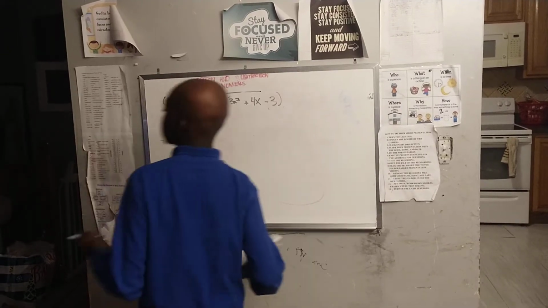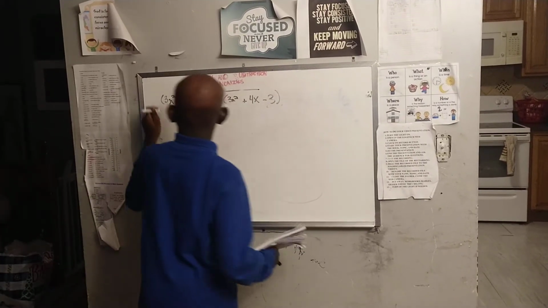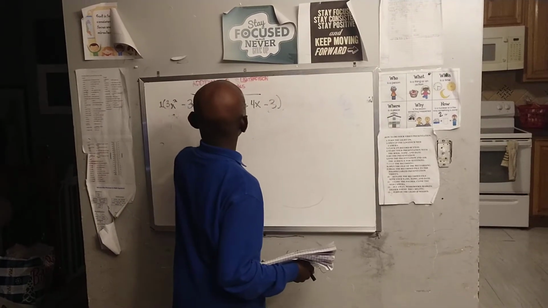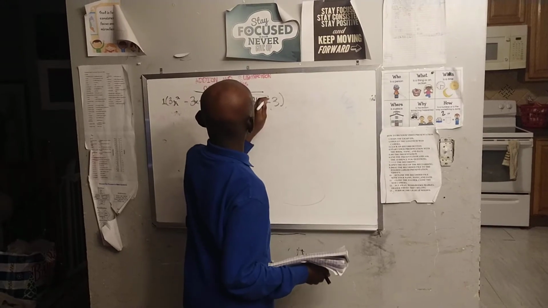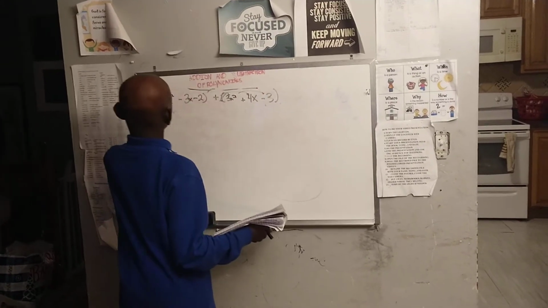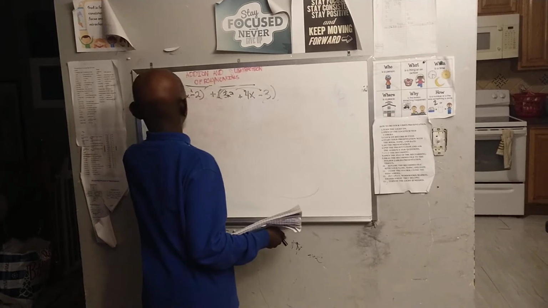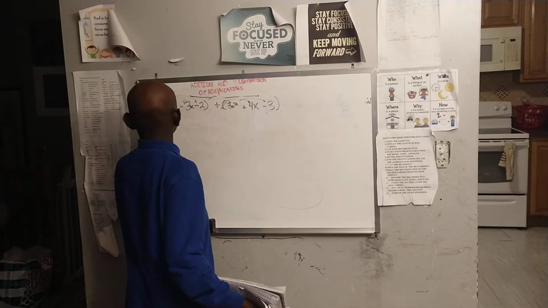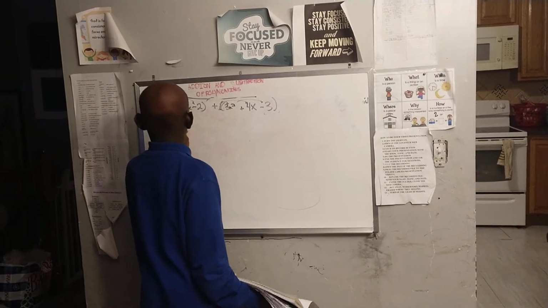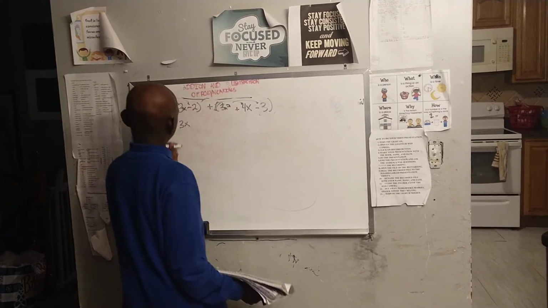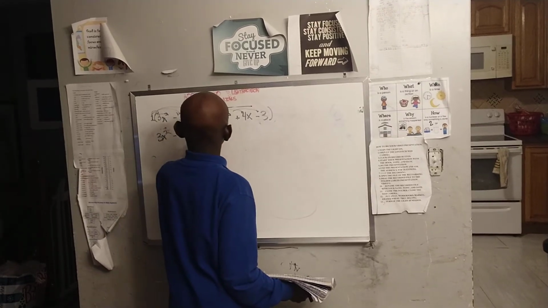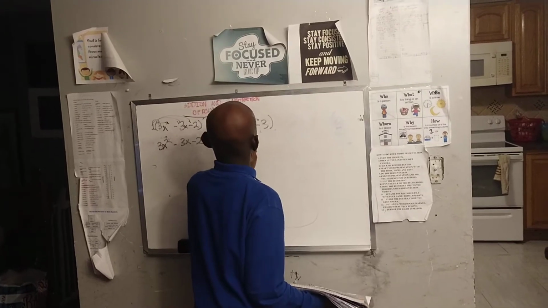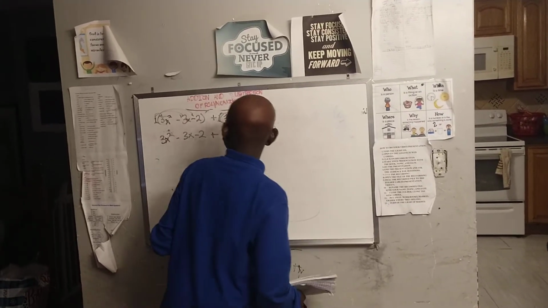The parentheses don't mean nothing, so they're multiplied by 1, and we know that everything times 1 is itself. So eliminating the parentheses, we get 3x squared minus 3x minus 2 plus 3x squared plus 4x minus 3.